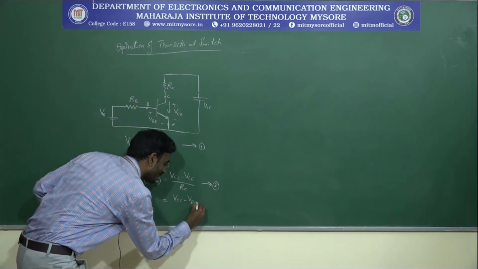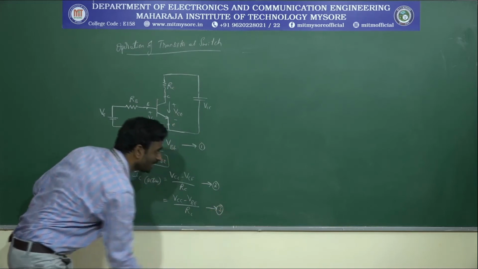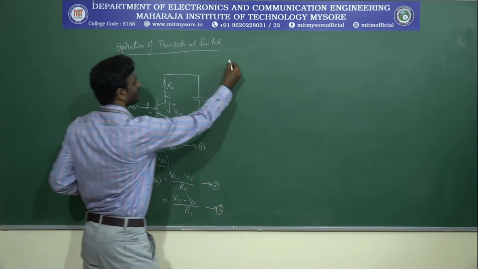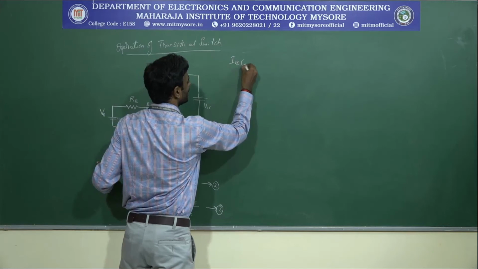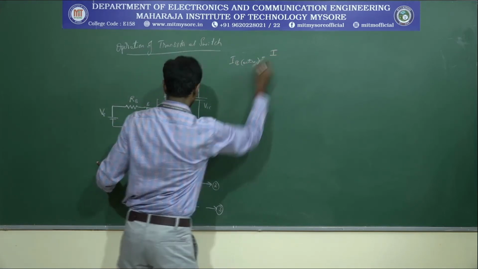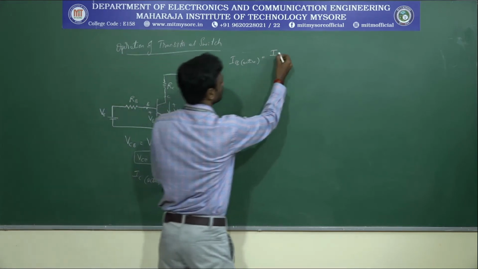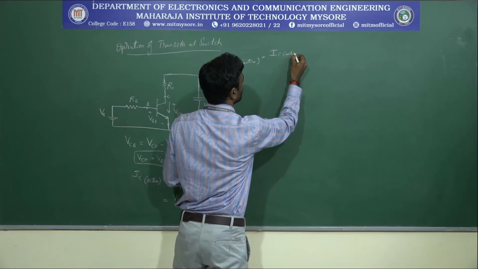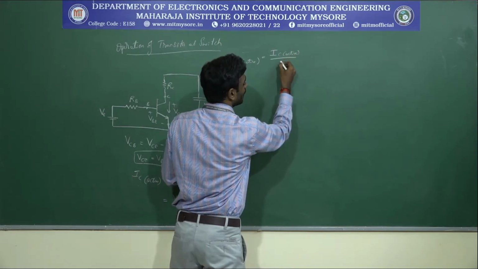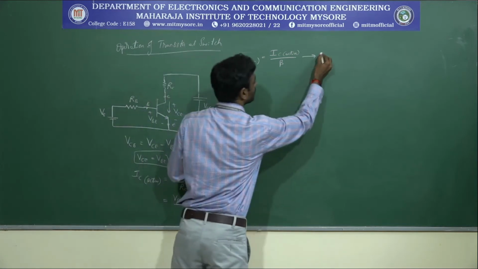So based on that I can write VBE divided by RC. This will be considered as equation 3 here. Similarly, the base current of the active region can also be written here. That will be equal to IC active divided by the beta value. This will be considered as equation 4 here.